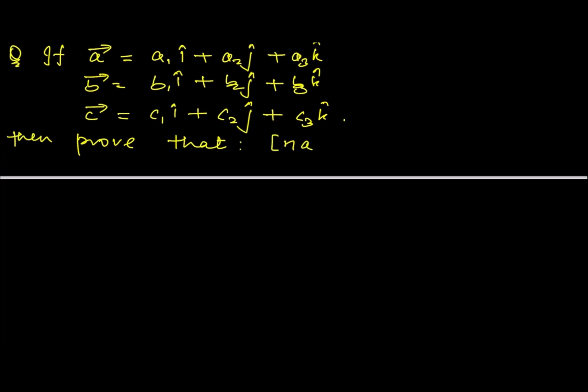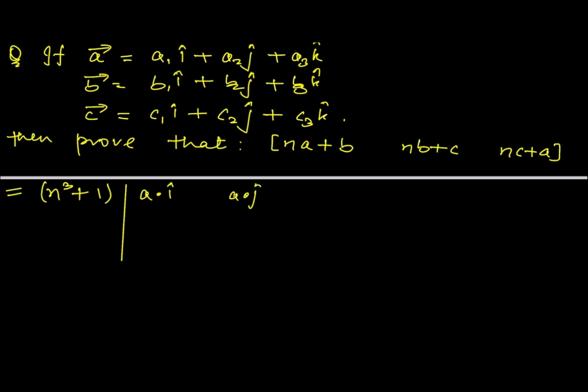box of nA plus B, nB plus C, nC plus A is equal to n cube plus 1 times determinant of A dot i, A dot j, A dot k, B dot i, B dot j, B dot k, C dot i, C dot j, C dot k.